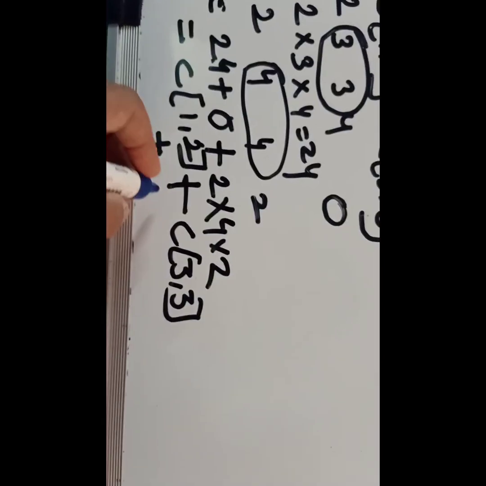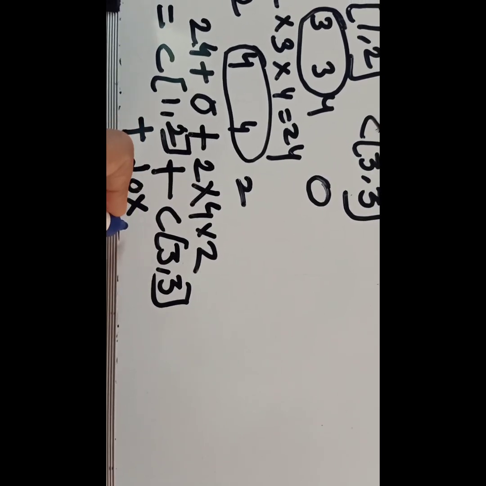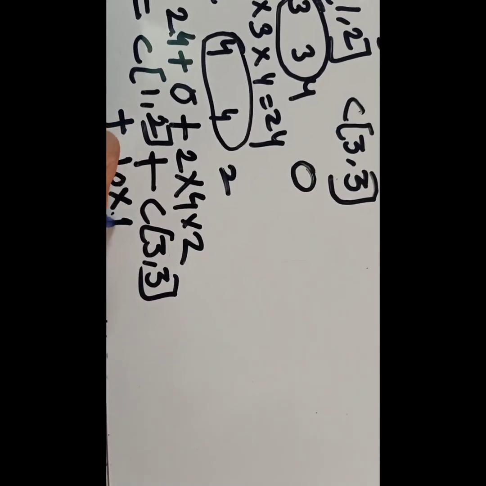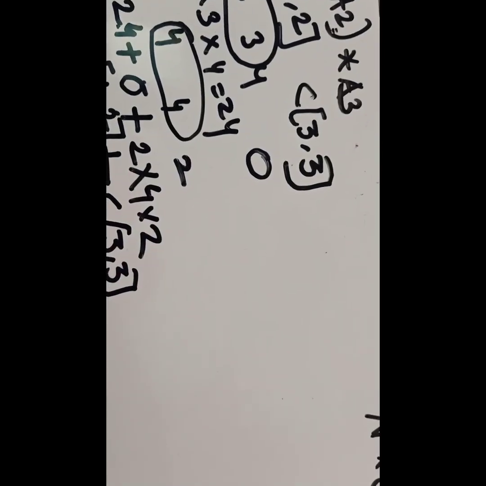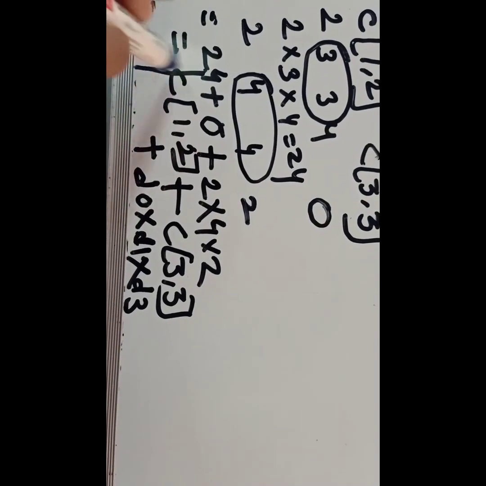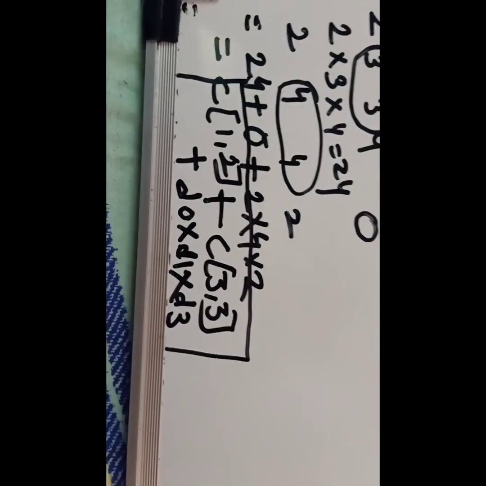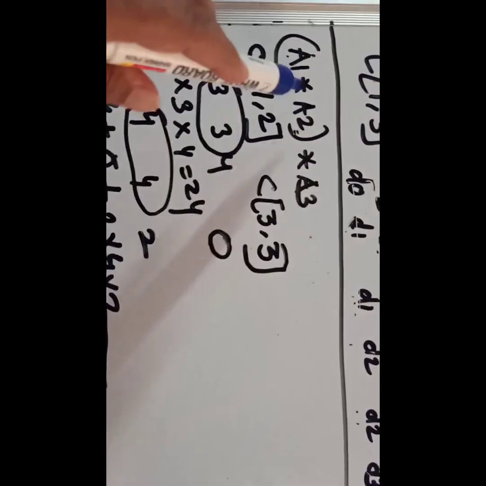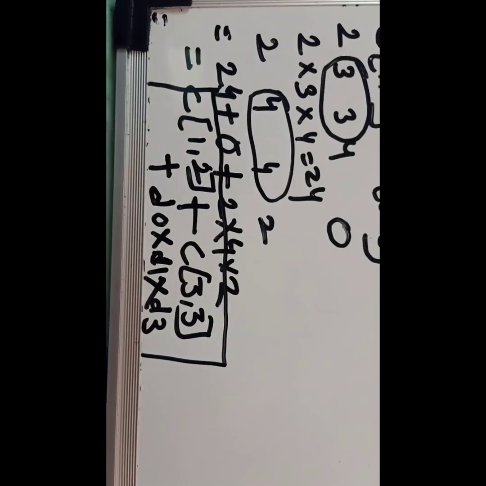So this 2 is D0 into this 4 is D1 into this 2 is D3. So you can see here that I have devised a formula for multiplying the first sequence, A1 into A2 with parenthesis, multiplied with A3, right?